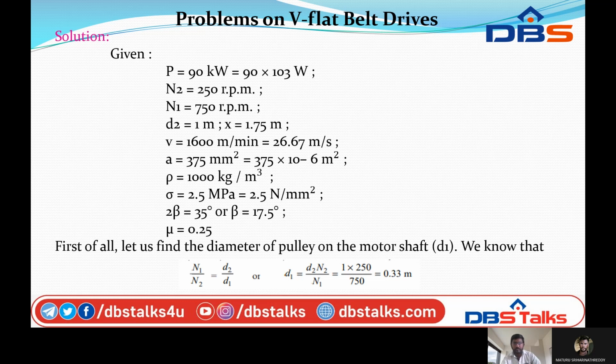So this is the given data from the above problem. First of all, let us find the diameter of the pulley on motor shaft D1. We know the formula N1 by N2 is equal to D2 by D1.